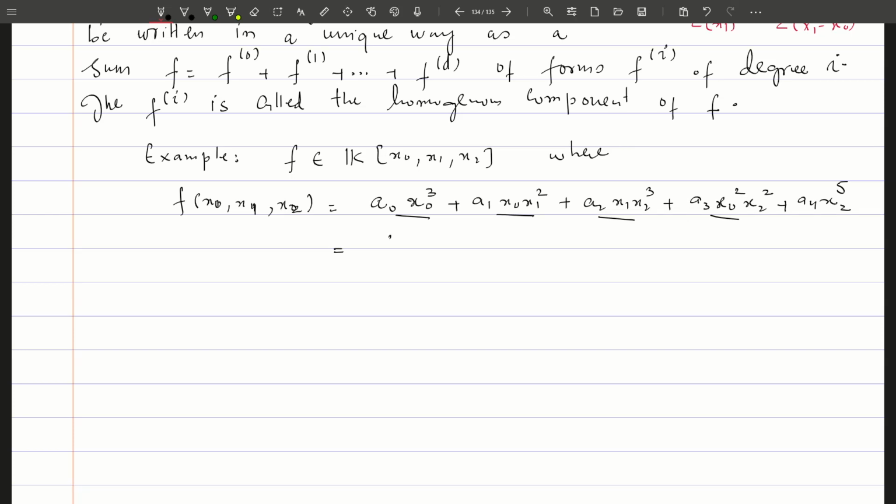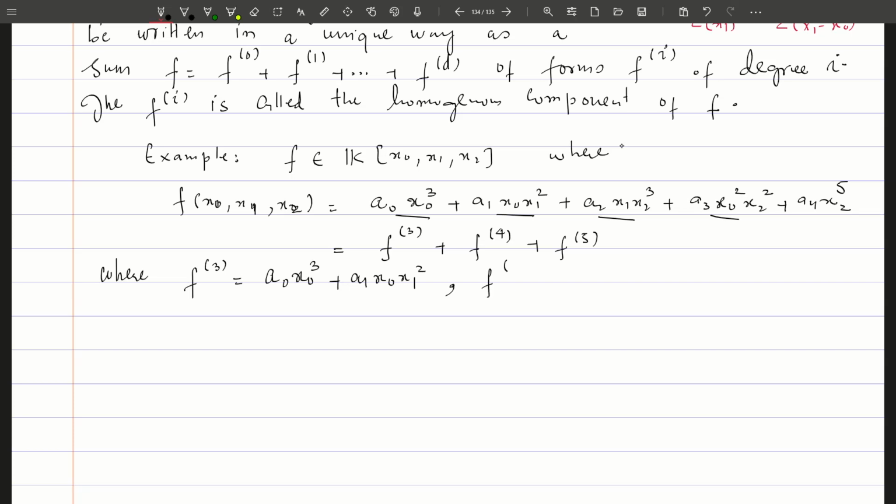So we can write this as f3 plus f4 plus f5, where f3 is the homogeneous component of degree 3, which is equal to a naught x naught cube plus a1 x naught x1 square.